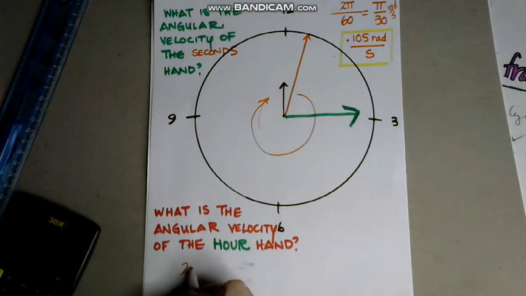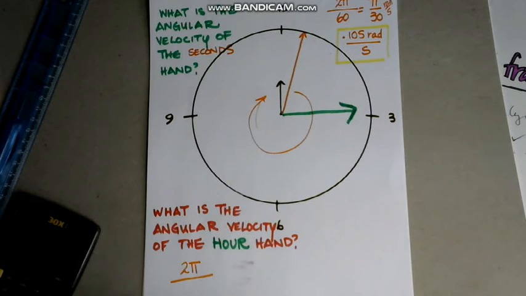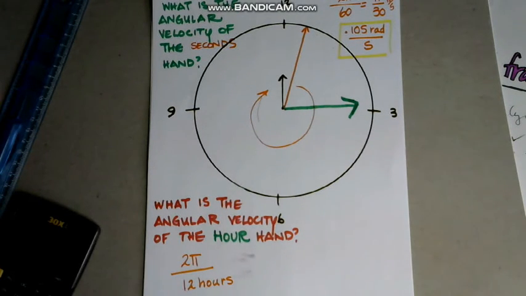So my hour hand will complete 2 pi in how long? Well, it takes 12 hours. Go ahead and try to calculate this right now, please. This is also important that you understand how to turn this to seconds. I'm going to show you the answer in just 5 seconds, okay?